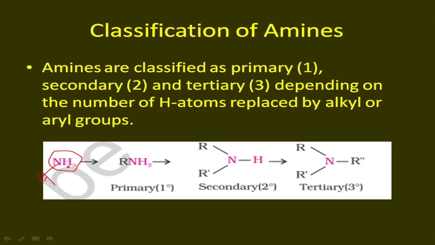If one hydrogen of NH3 is replaced by an R group, we get a primary amine. If two hydrogens are replaced by R groups, we get a secondary amine. If 3 hydrogens are replaced by 3 R groups, we get a tertiary amine.